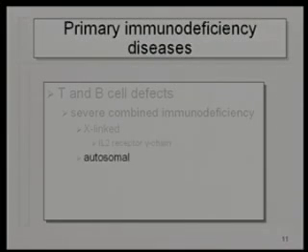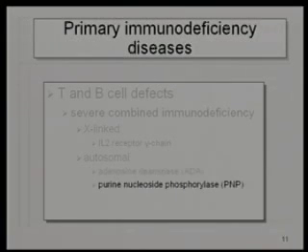So the consequence of that is lack of both T and B cells. The autosomal kind of severe combined immunodeficiency has several reasons why this defect occurs. One of them is lack of adenosine deaminase and purine nucleoside phosphorylase.